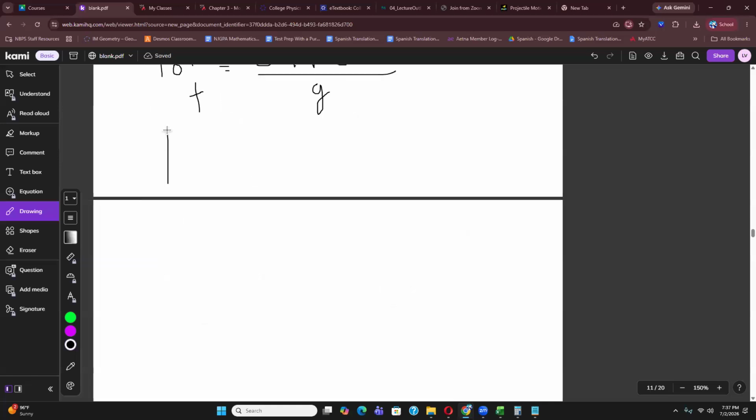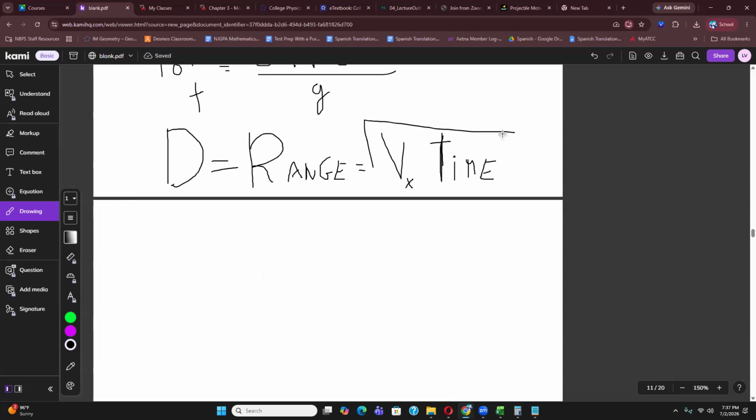The range is just Vx times the total time. So you use this equation and you can find the range.